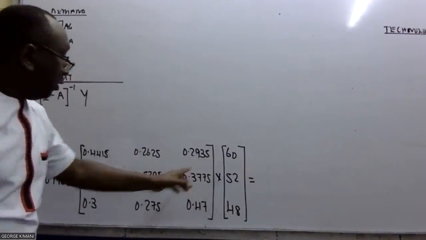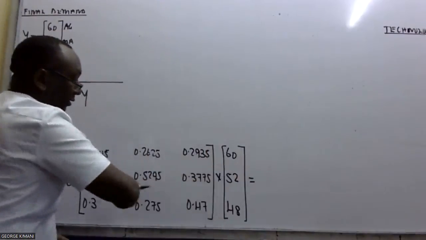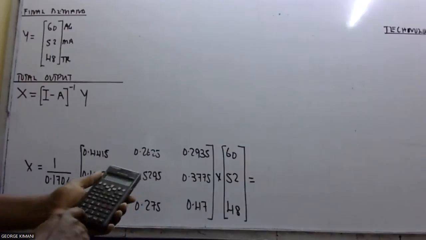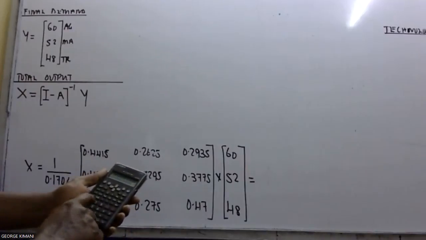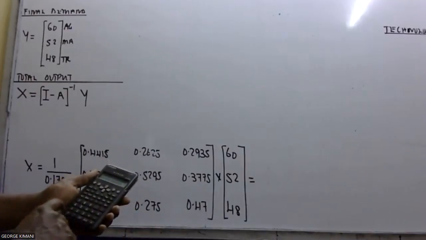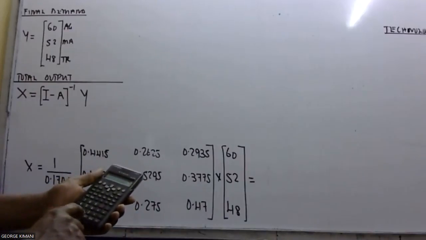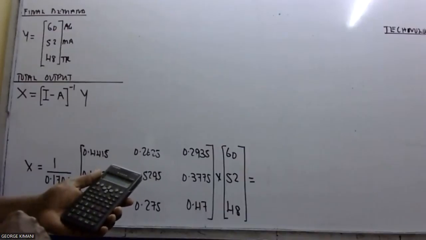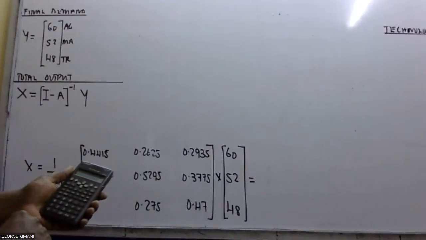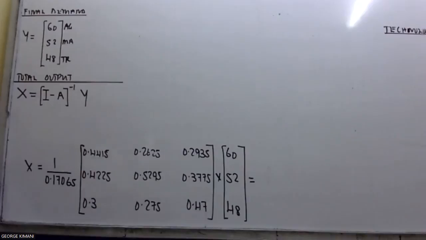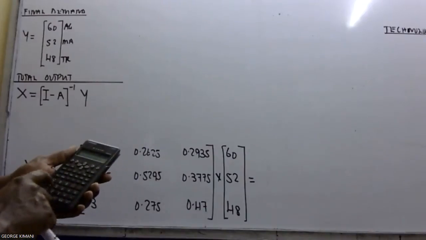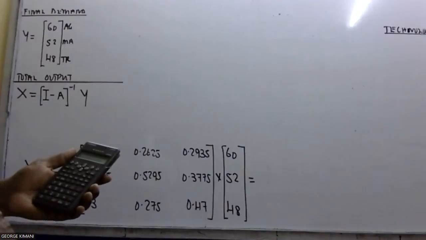Calculator tuanze. Sema 0.4415 times 60, plus 0.2625 times 52, then plus 0.2935 times 48 equals.